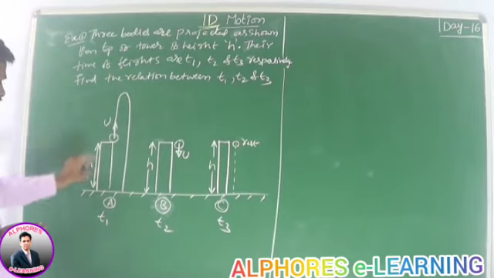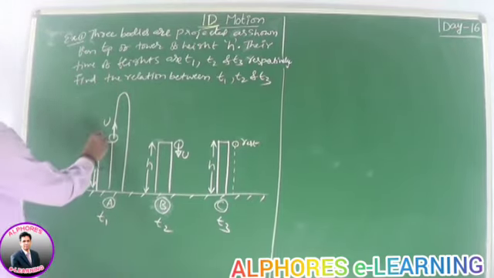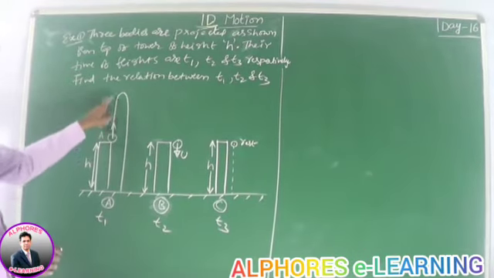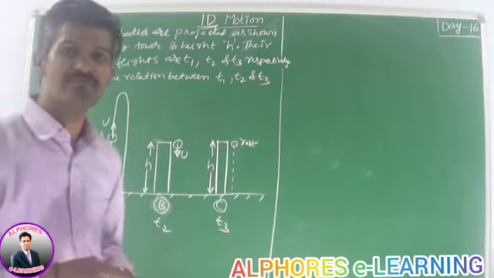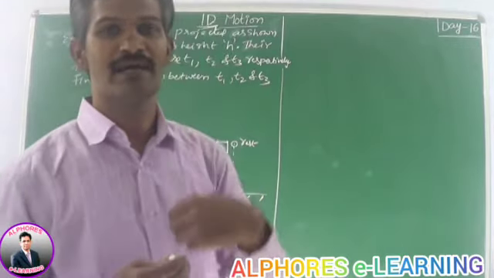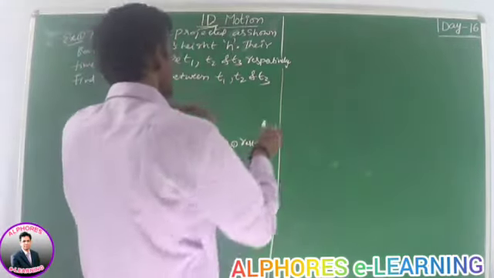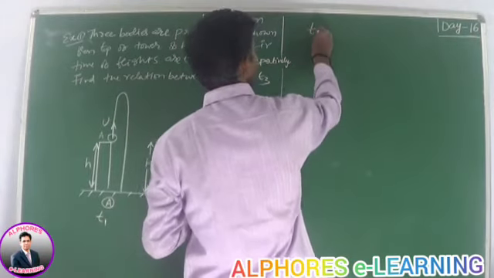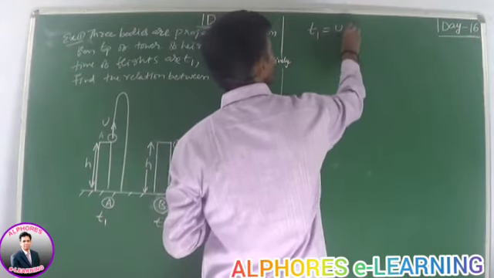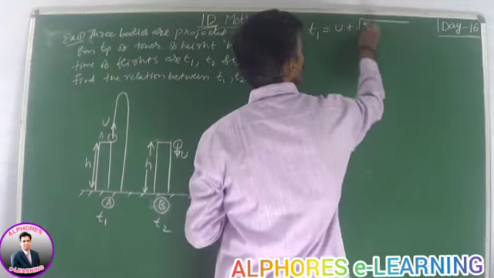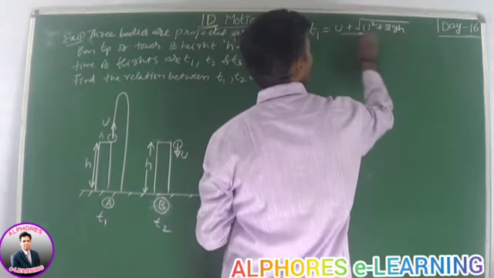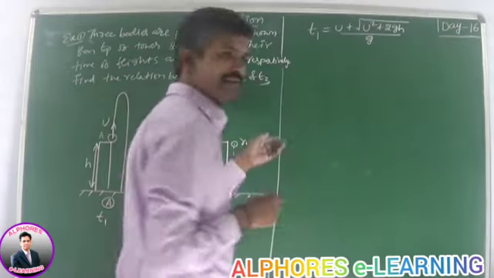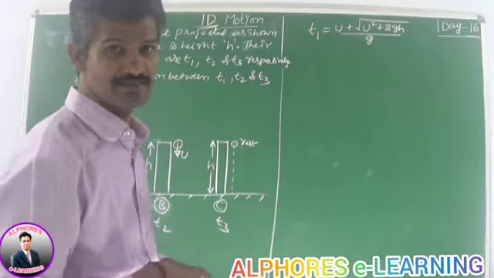Body A is projected vertically upwards from the top of the tower. We already calculated the time of flight for such a body, so clearly we can write T1 as u plus under root u square plus 2gh, by g. This was calculated in the beginning of this session, right?